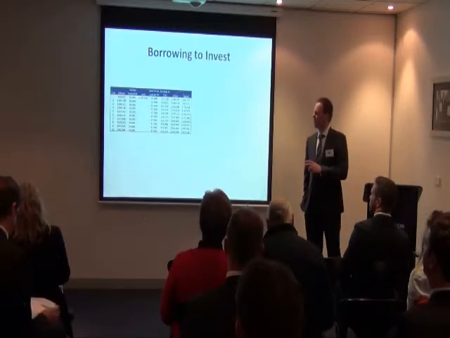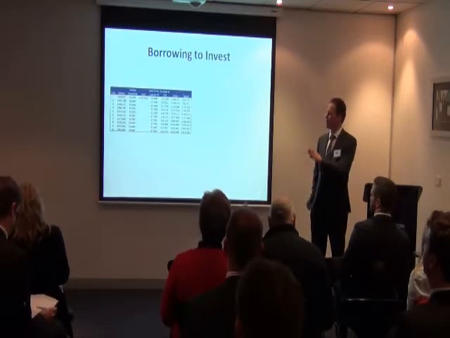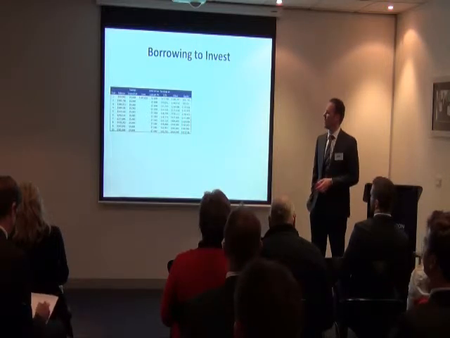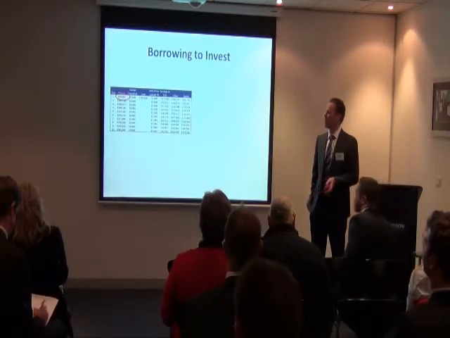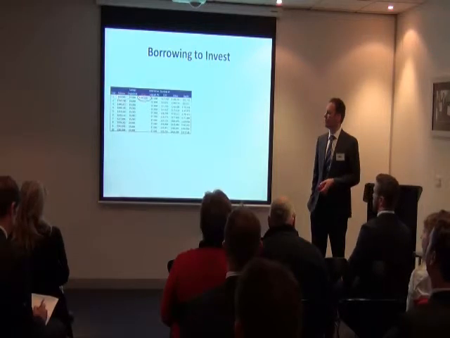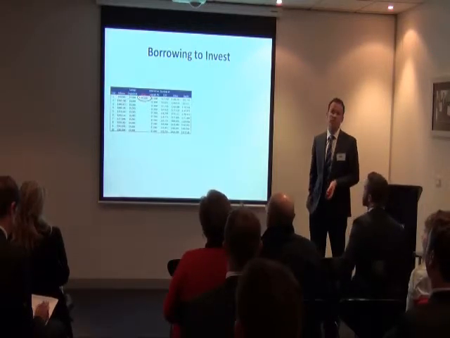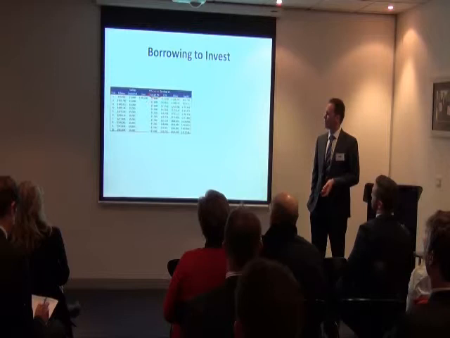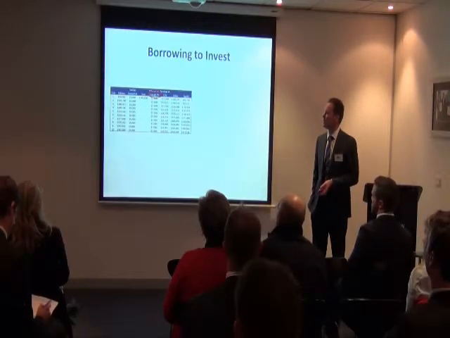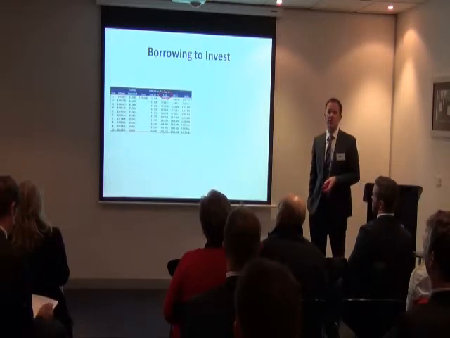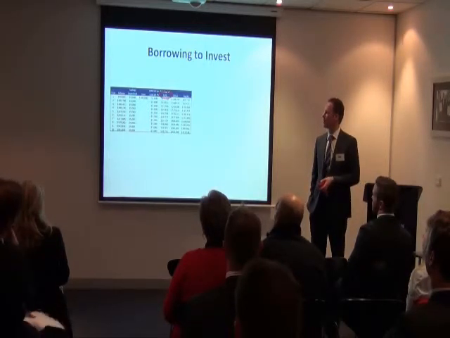I wanted to walk you through an example of how borrowing to invest works. Now, don't get too caught up in the numbers here, but essentially what I'm highlighting is, with a balance of $50,000, if you were to borrow $100,000 from the bank, obviously you're paying the bank back at 7% interest, or $7,000 a year. In this case, earnings at 12%, which is an average for the longer term.